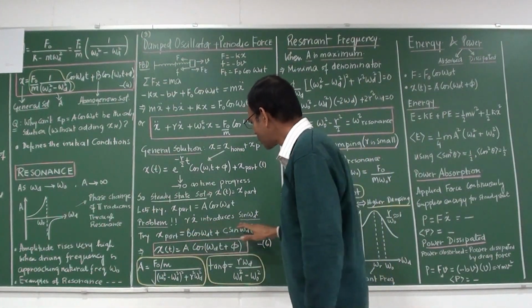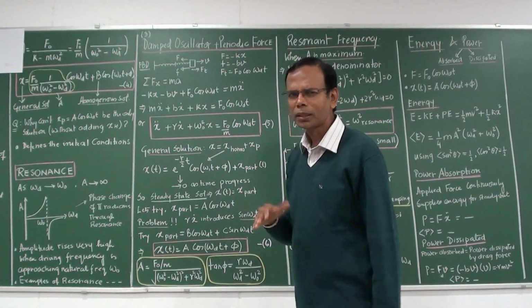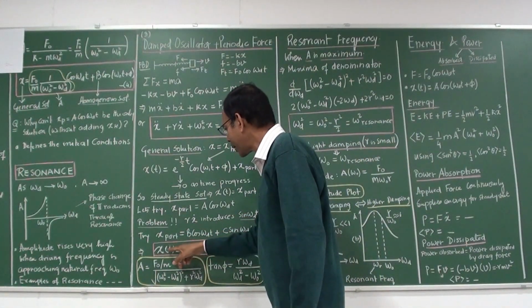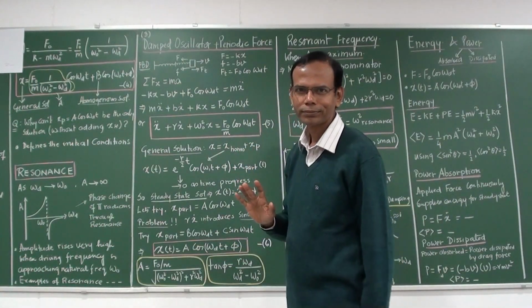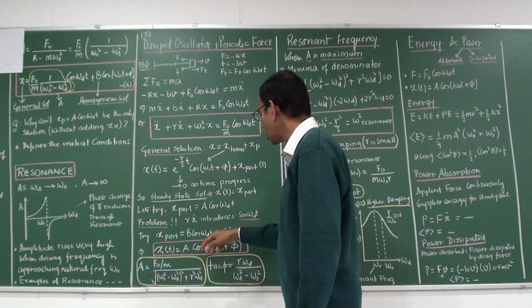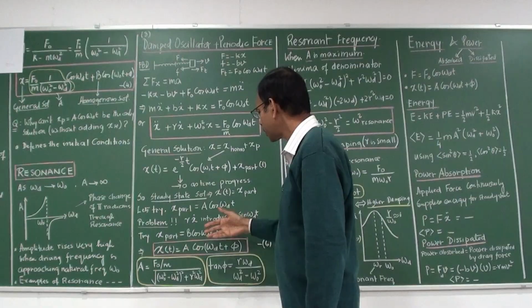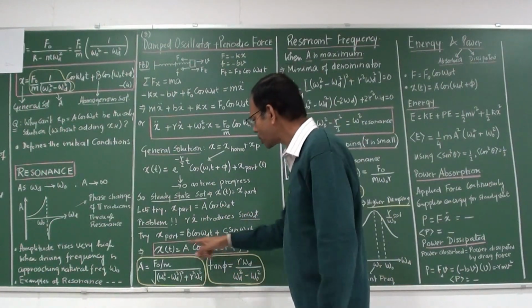Now this is the way most of the books have done it. What Kleppner does is a little bit different, almost the same. He takes x t as a cos omega d t plus phi. Both are the same, since cos of a plus b expands to cos a cos b minus sin a sin b, so both ways contain cos and sine terms.